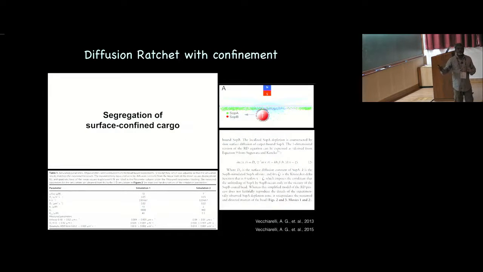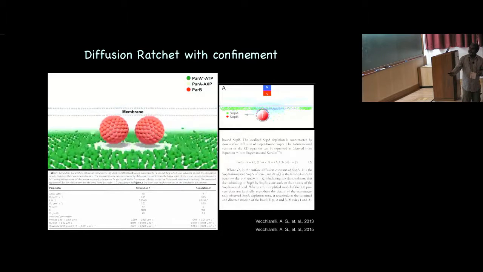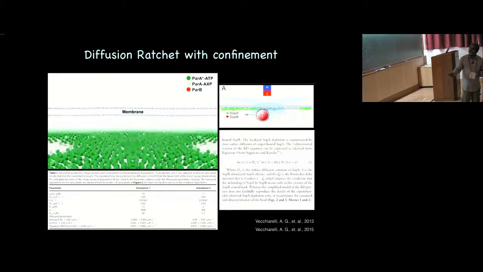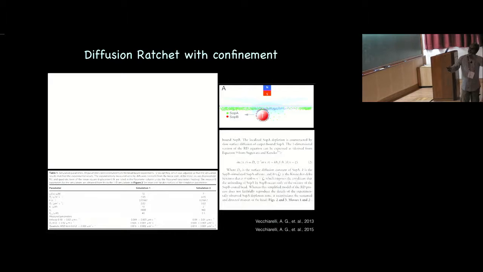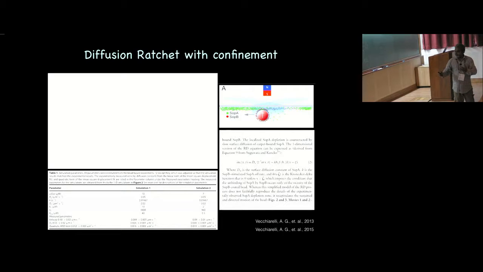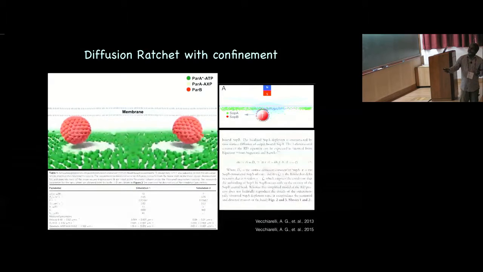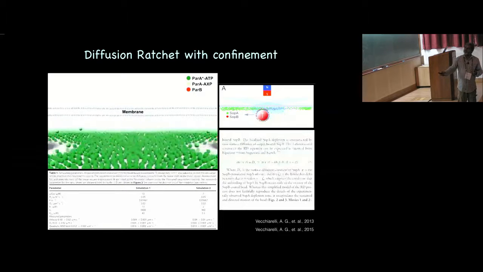So the most famous among these has been this diffusion ratchet model, and a lot of modeling has been done. One of the ideas was that the red is the plasmid bound to this protein, and this is the ATPase molecule that is bound on the chromosomal DNA. So the idea is that they bind there, stimulate the ATP hydrolysis, release, and then given a confinement, they would eventually move in a directional motion.